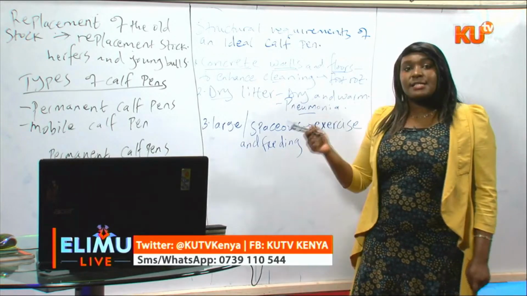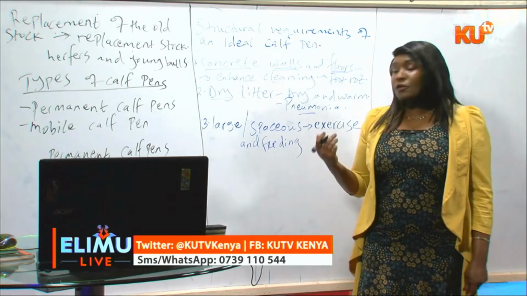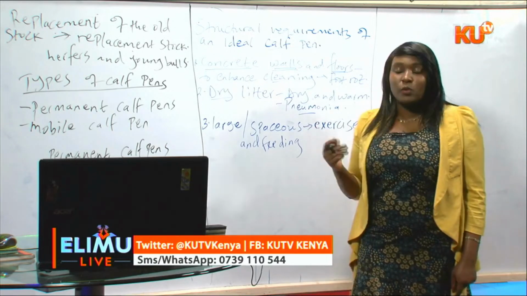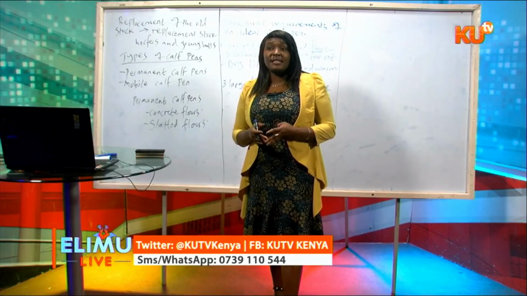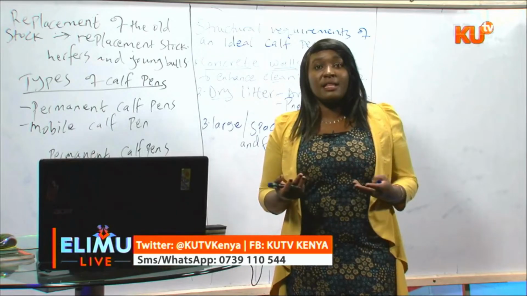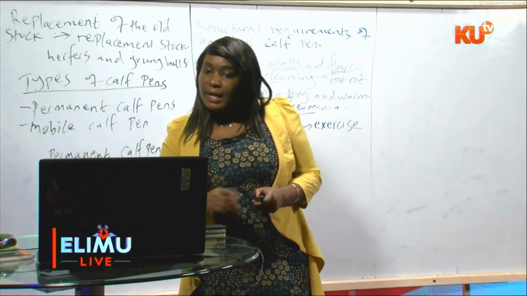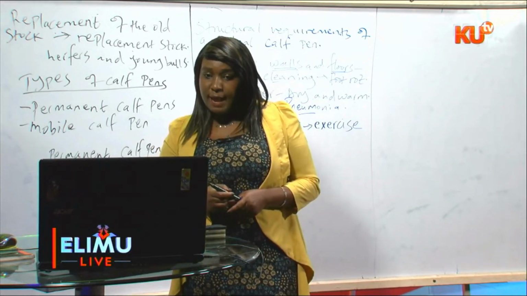Just as human beings, animals also require enough space to be able to exercise. And of course, an animal that is getting enough exercise will grow healthier and faster, and it will reach service time early, and at the right time.